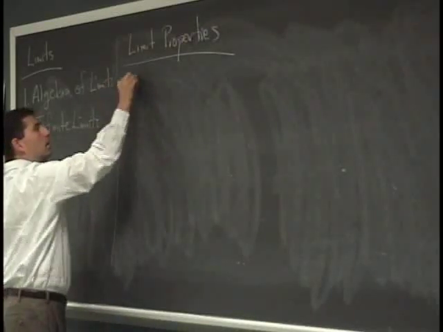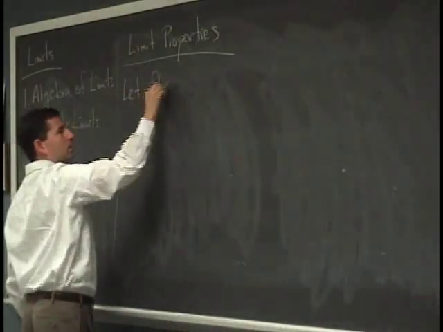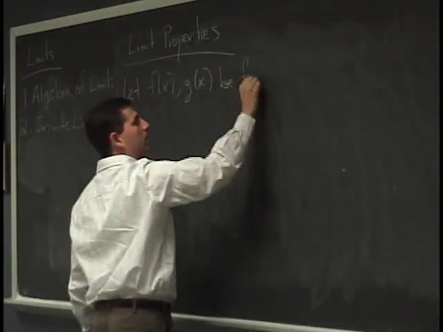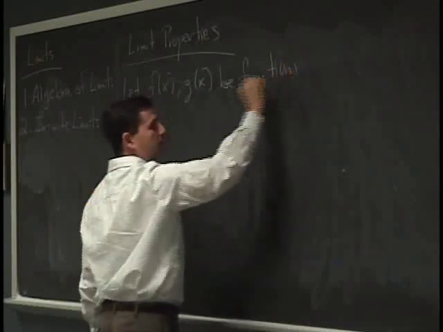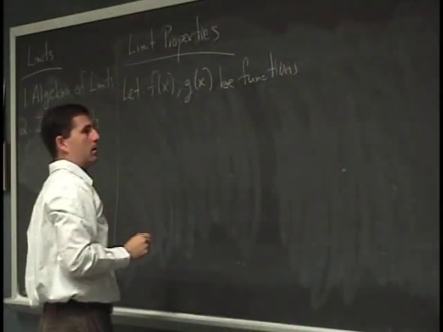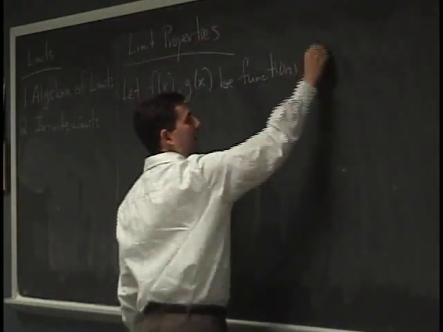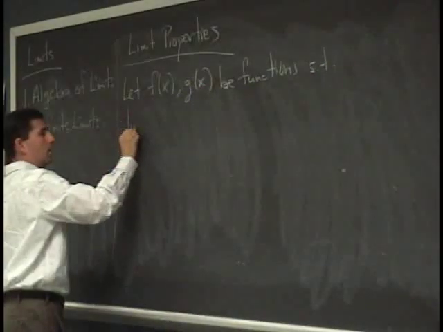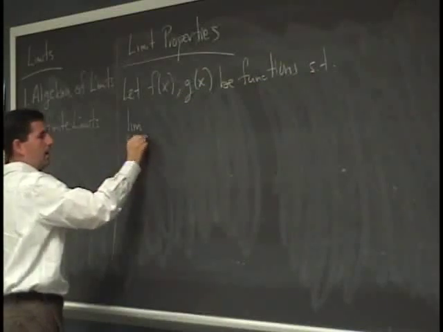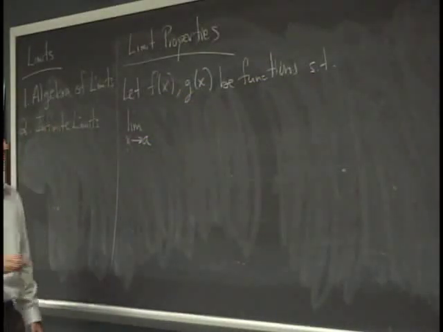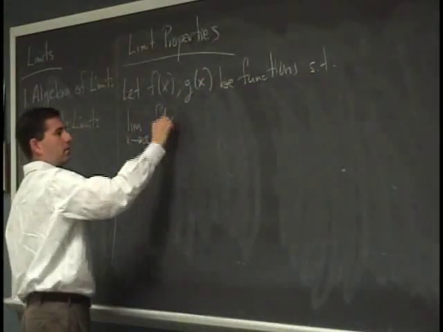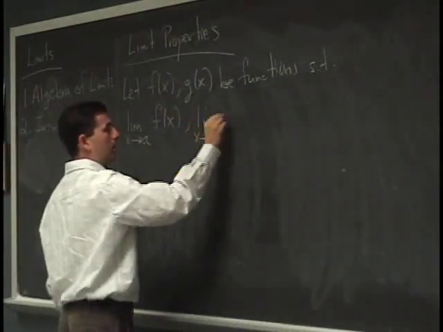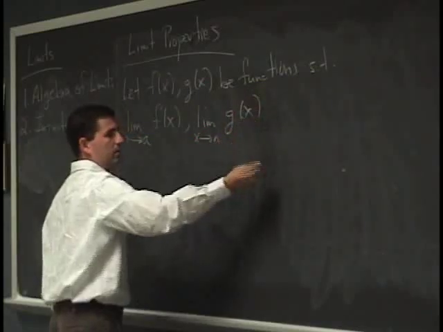So let f of x and g of x be functions such that the limit as x approaches some value a of f of x and the limit as x approaches a of g of x exist.